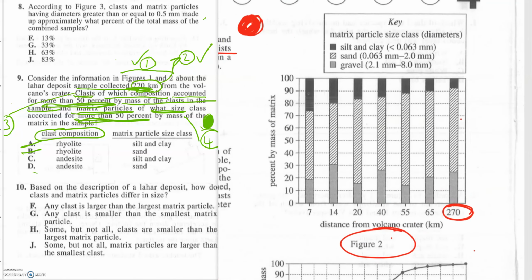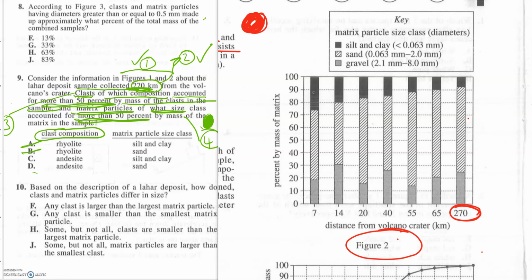And I'll zoom that up. And we need the same thing, the matrix particles of what size? Accounted for more than 50%, all right? Percent by mass of matrix, percent matrix, distance from the volcano, and then the key shows us the sizes.